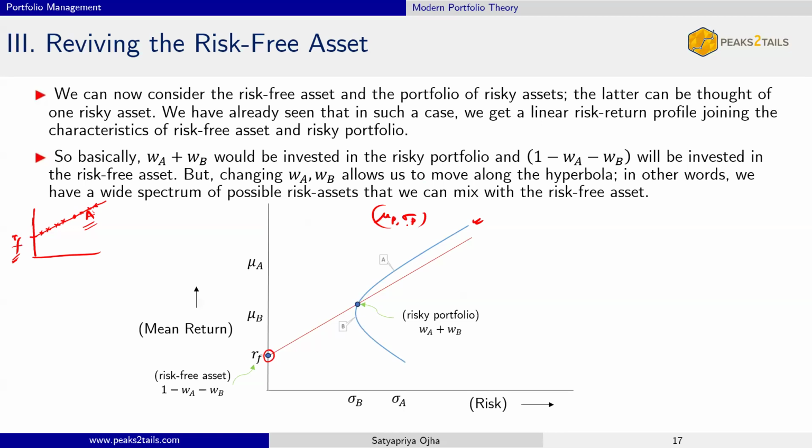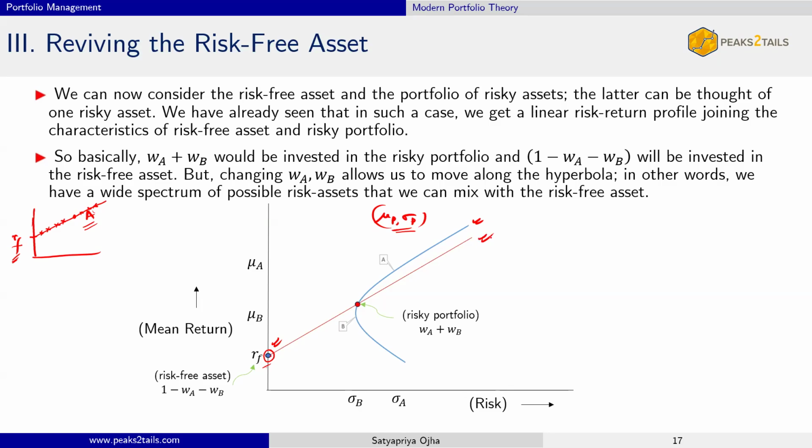Consider the risky portfolio as a risky asset. Now we are mixing that with the risk-free asset. So for example, this particular point is a risky portfolio consisting of some proportion of A and B. And then when you combine with the risk-free asset and the risky portfolio, you get a straight line joining the risk-free asset and the risky portfolio. This red line.